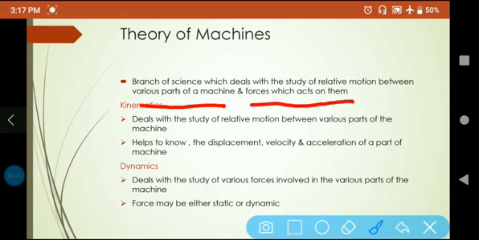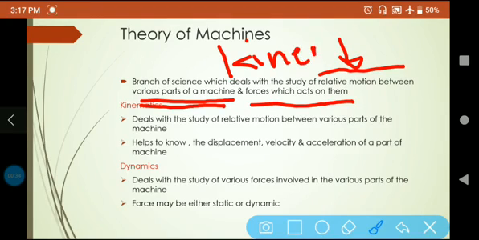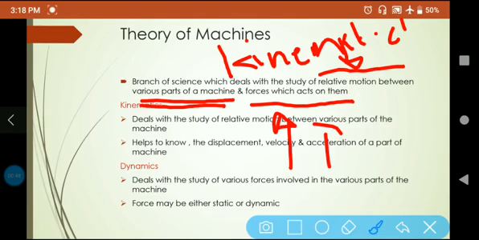When we study about the relative motion between the parts of the machine, that part of theory of machines is known as kinematics. And when we analyze the forces that acts on the parts of a machine, then that particular study is known as dynamics.